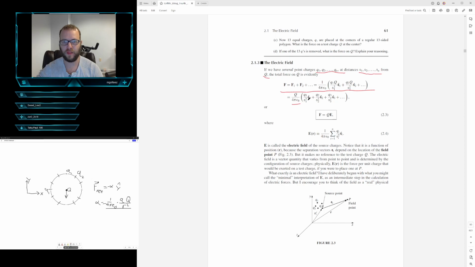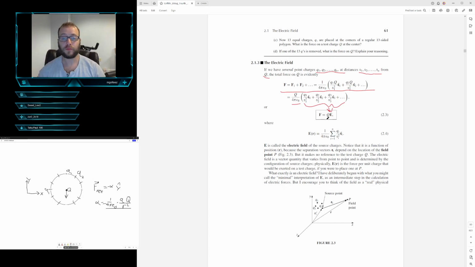And then we see that we have this Q1 over R1 squared R1 hat, Q2 over R2 squared R2 hat, 3, 4, 5, all the way up to however many charges that we have. We can define, since this is the only vector component, we can define this as E, the electric field.